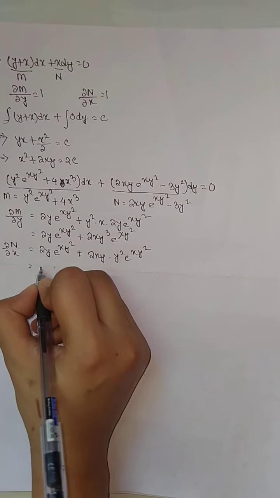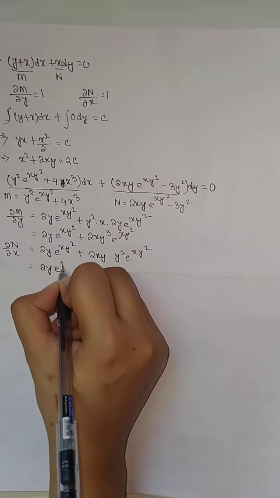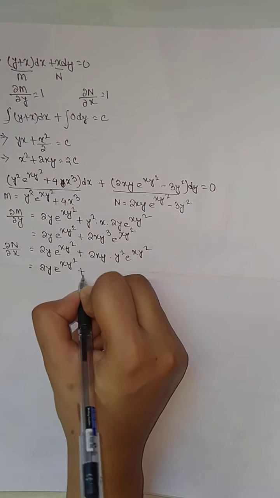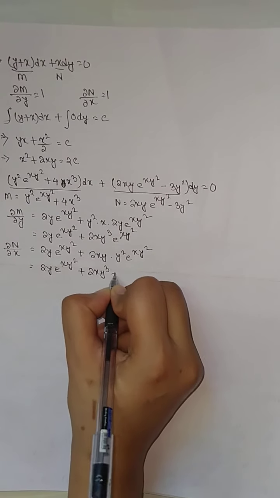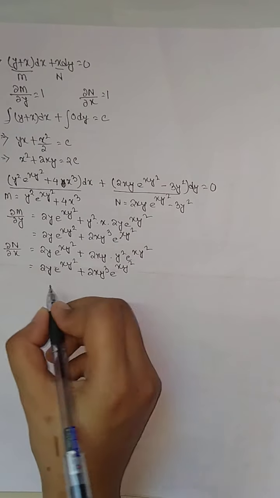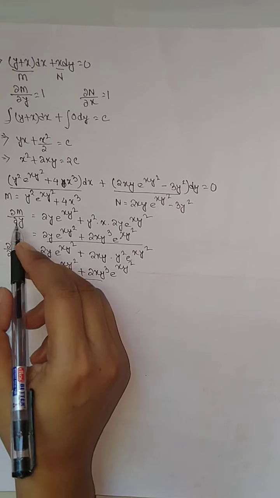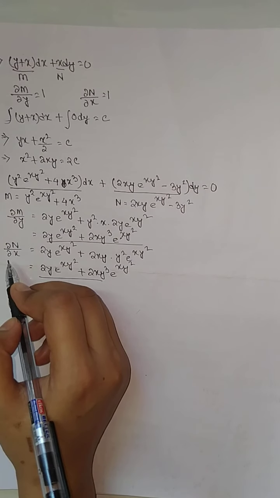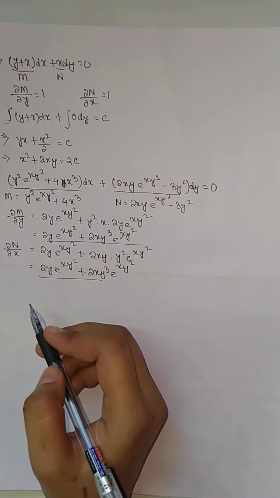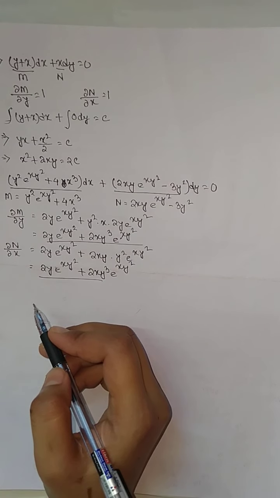This can be written as 2y e^(xy²) + 2xy³ e^(xy²). Hence ∂M/∂y equals ∂N/∂x. That is, the condition of exactness is satisfied. So the equation is exact.